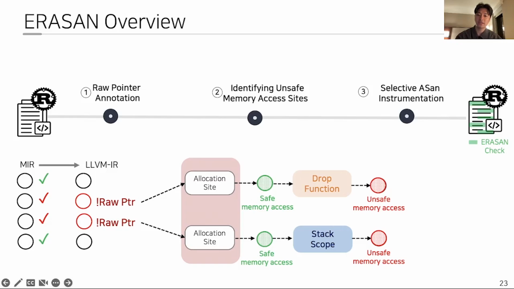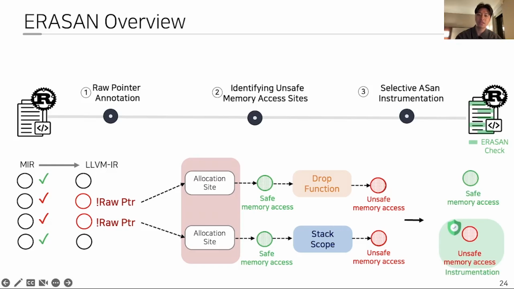And it identifies unsafe memory access sites by using points-to analysis at the LLVM-IR level. In this module, it not only finds all unsafe memory access sites, but also conducts further optimizations to trim unsafe memory access sites that are actually safe.